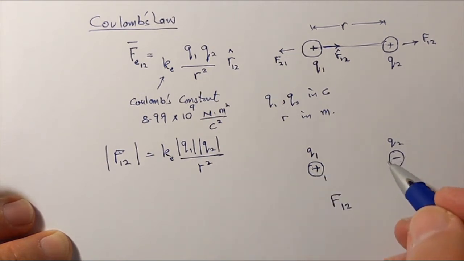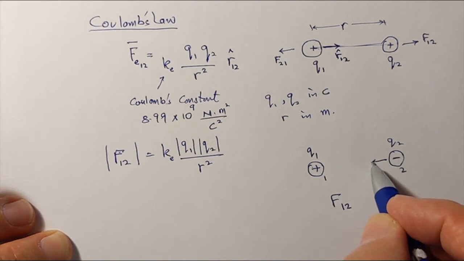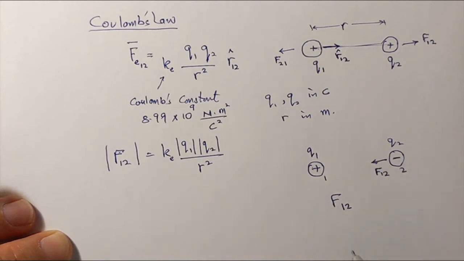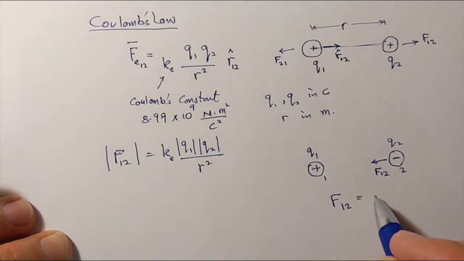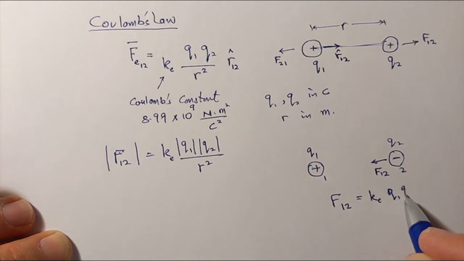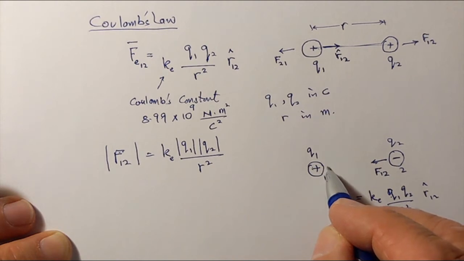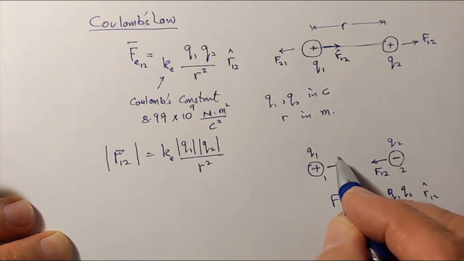We know that it's going to be attractive, so it's going to point this way. Based on this equation, we would still write it as k Q1 Q2, where Q1 will be a positive number and Q2 will be a negative number, over r squared, and the unit vector r12 is still pointing from 1 to 2.